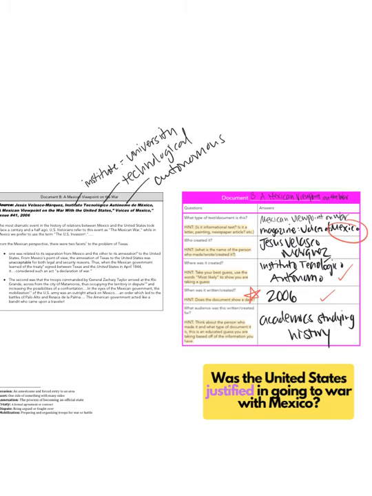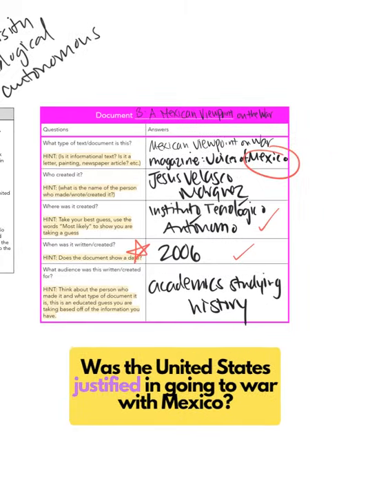As we read the whole document, think about the sourcing and the big question, was the U.S. justified in going to war with Mexico? Does this document support the claim that the U.S. was justified in going to war? Or does it support the claim that the U.S. was not justified in going to war with Mexico? Okay, starting at the top.